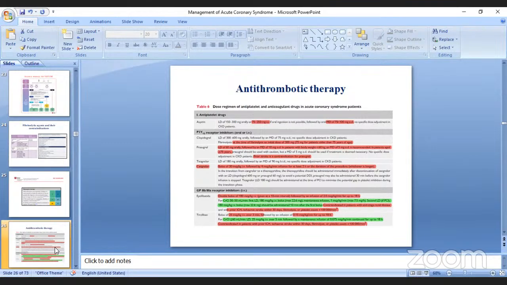Ticagrelor is given as a loading dose of 180 mg initially, followed by maintenance of 90 mg BD. Cangrelor is an IV antiplatelet where a bolus of 30 mcg per kg is followed by 4 mcg per kg per minute for at least 2 hours or for the duration of the procedure, whichever is longer. Other IV antiplatelets are GP2B3A receptor inhibitors such as eptifibatide and tirofiban.